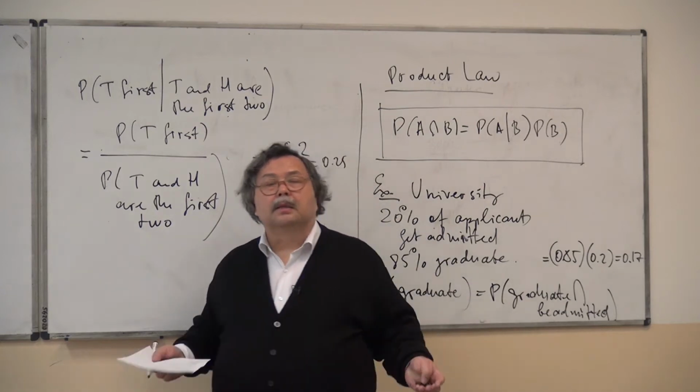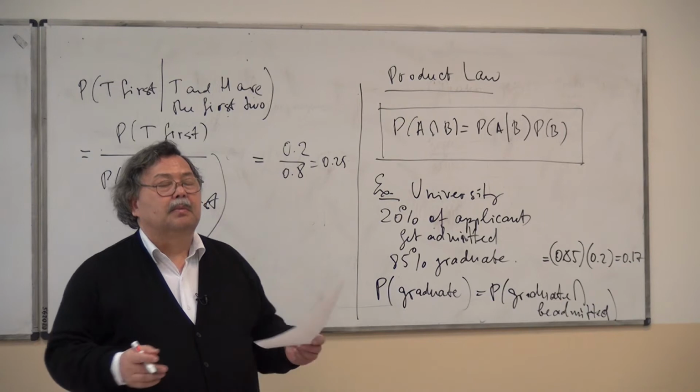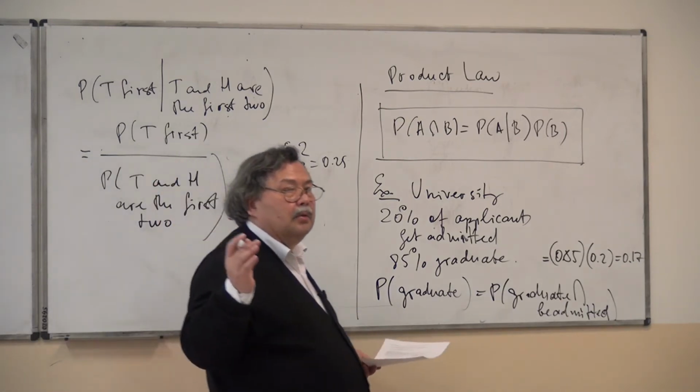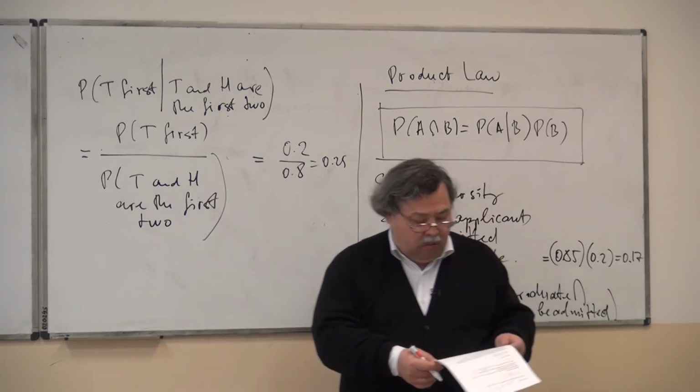So if we select at random one applicant to this university, the probability that he or she will finally graduate from it is this. All right.